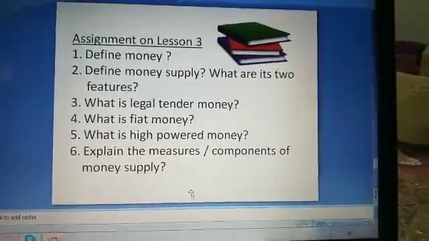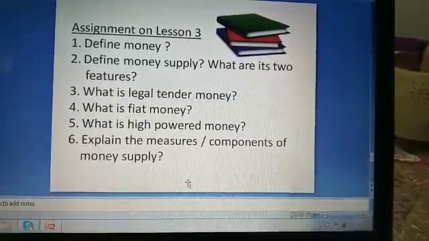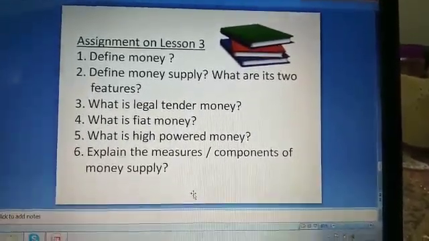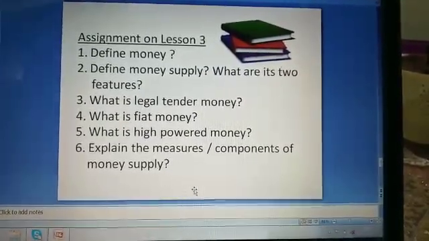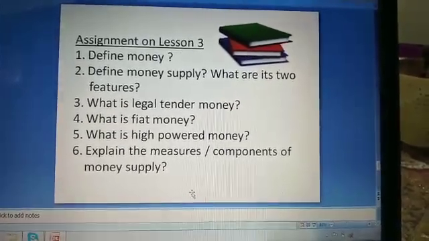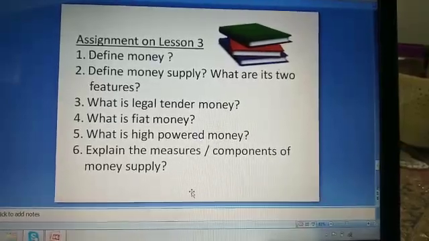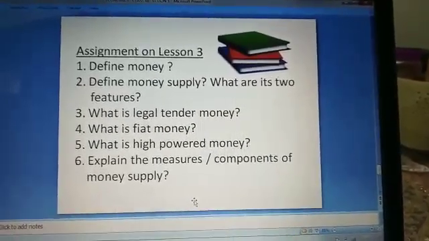Okay, time for assignment on lesson 3. Define money. Very clearly, it has been defined to you in the previous lesson. Then, question number 2. Define money supply. You will write it is a stock of money on a particular day. What are the two features? You will write the features.